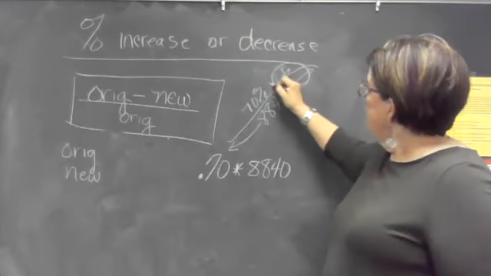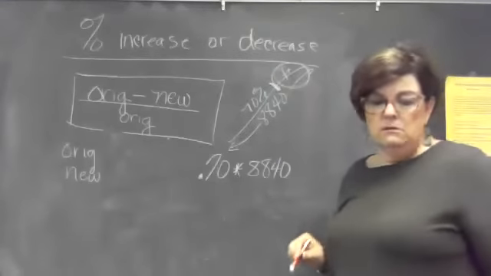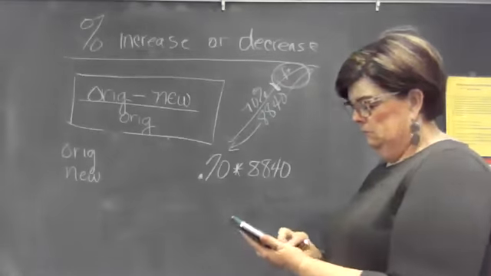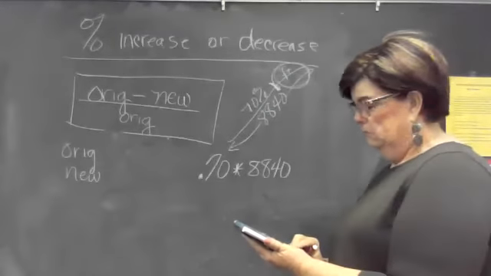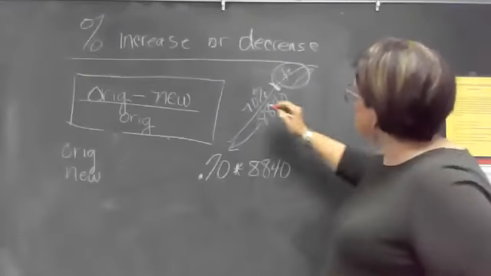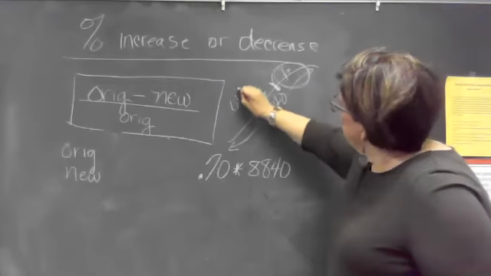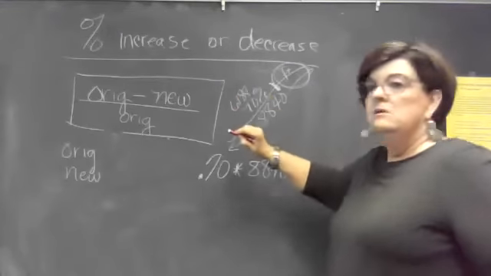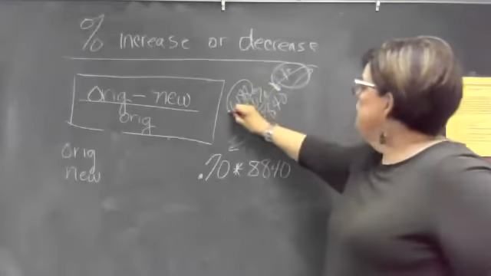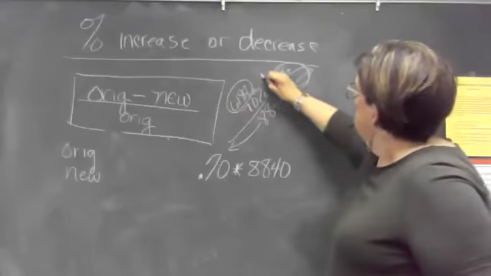We're going to find out how many feet he climbed. So he climbed 6,188 feet. Did y'all get that? Yes. Okay. That's how much James climbed.